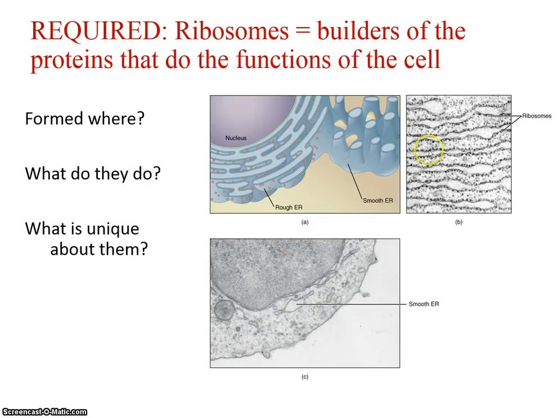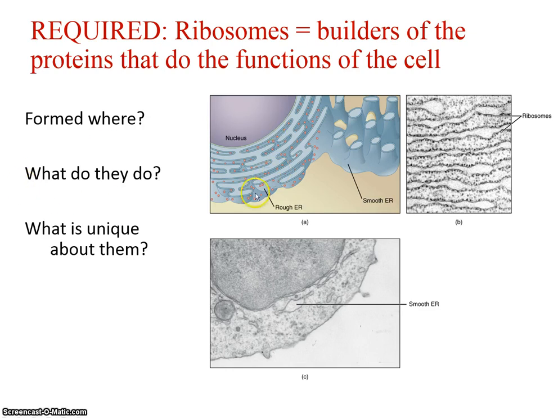Here again we revisit the ribosomes, the builders of proteins. And proteins, remember from chapter 2, are about every function but energy, because energy is covered by carbohydrates and lipids. The ribosomes form in the nucleus as pieces we call subunits, and they are exported out.